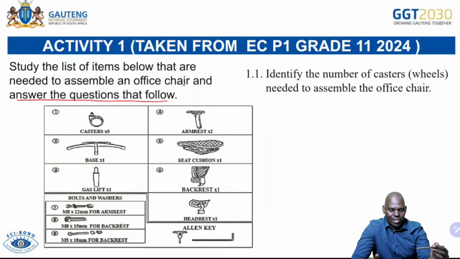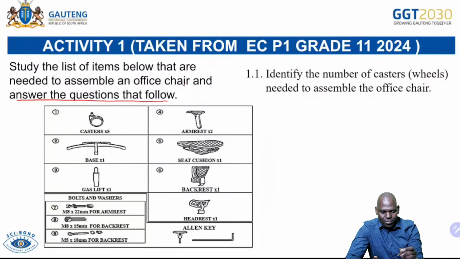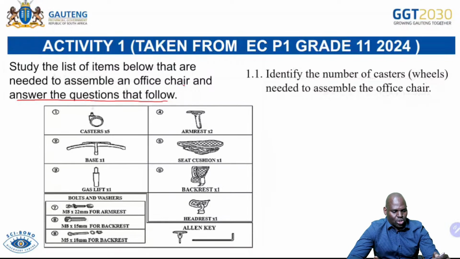Number 1.1, identify the number of casters, that is wheels, needed to assemble the office chair. In this case, we need to check the parts that are indicated and also the names.